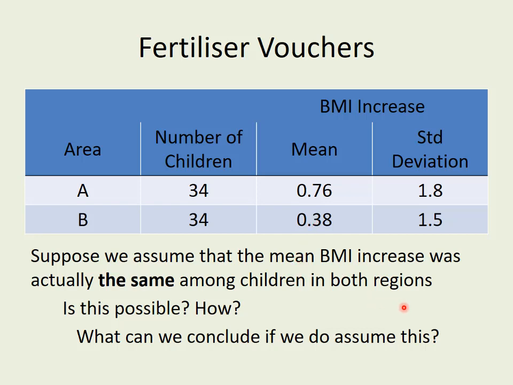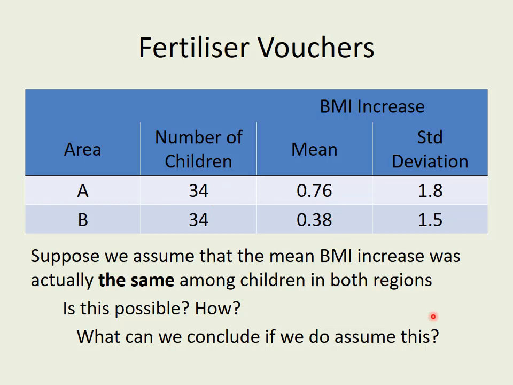And of course, yes, it is possible for this to be true, because this sentence here applies to the children in both regions, all of the children in both regions, which could be hundreds or thousands or tens of thousands of children. These figures here only apply to 68 children, 34 from A and 34 from B. So it's completely possible that the mean BMI increase can be the same among the children in both regions as a whole, and still, when we take our sample, we find the difference.